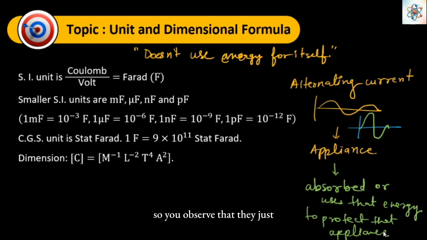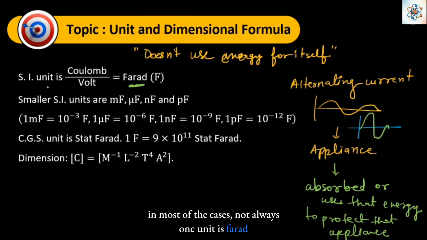We observe that they just change something in it, and now it is working well. What was that thing which got diffused? It is that capacitor only, in most of the cases, not always.